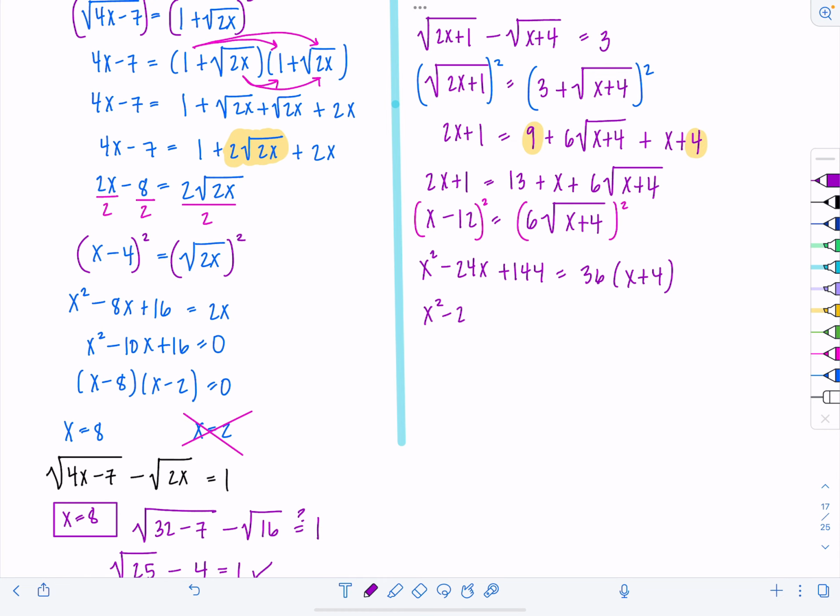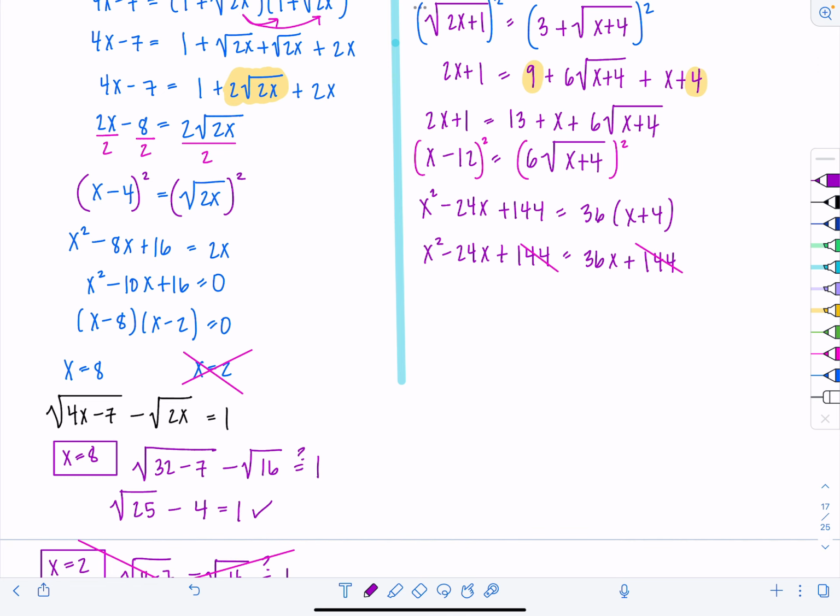So x squared minus 24x plus 144 equals 36x plus 36 times 4 is 144 as well. Wow, wow, wow. So if I set everything equal to 0, 144 is just gone. Look at that. Oh, and then subtract 36x. We're going to have x squared minus 60x equals 0.